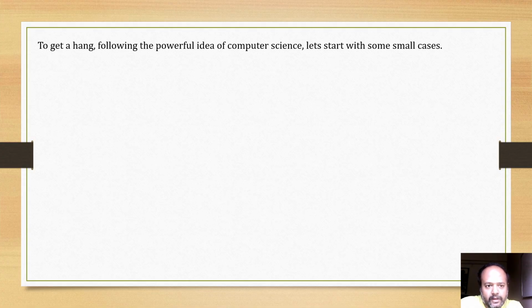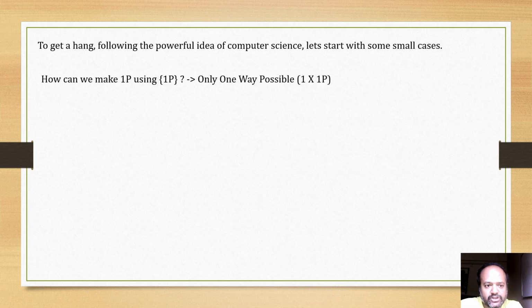So to get a hang, let us follow a useful and powerful idea of computer science. Let us start with some very small cases. Let us ask the question, how can we make 1 paisa using 1 paisa? There is only one possible way. You take 1 of a 1 paisa and that's done.